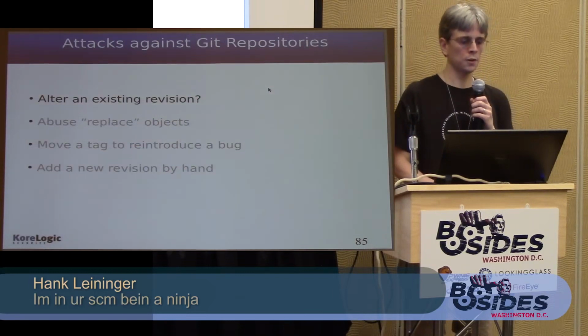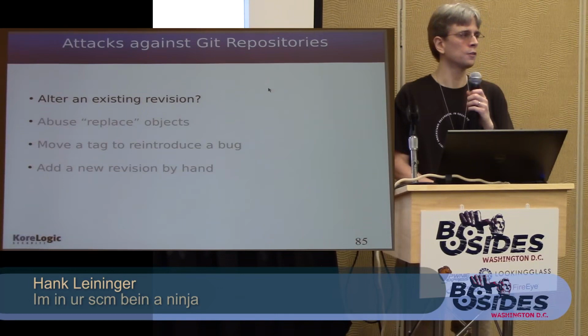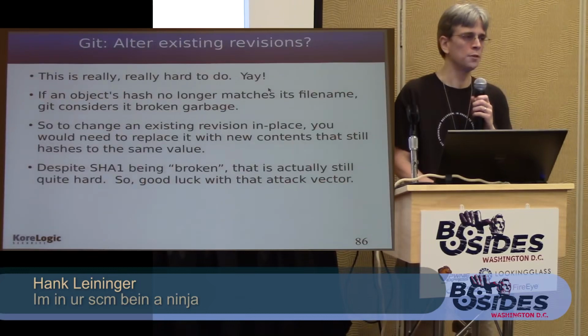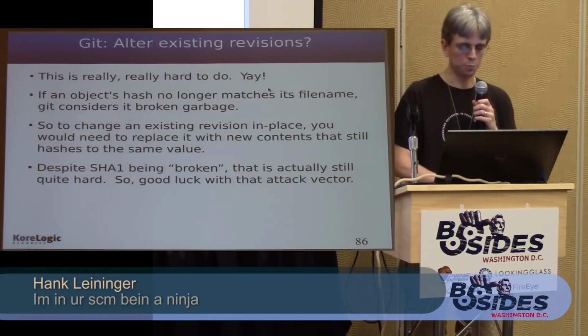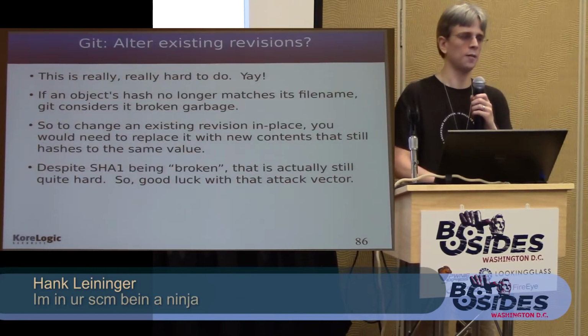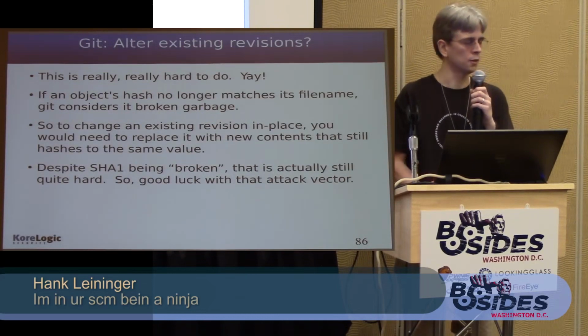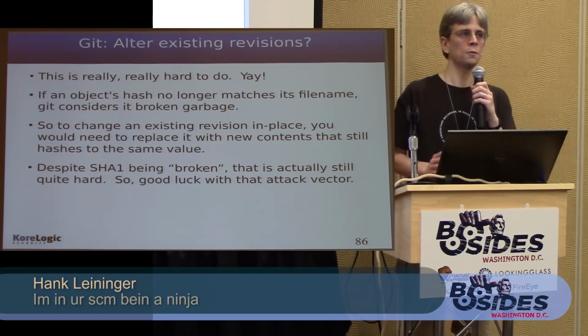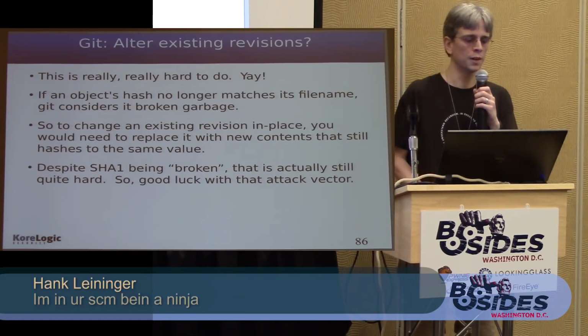So first question, since we had a lot of success in CVS and Subversion, can we rewrite an existing Git object, just scribble on it on disk and then have interesting things happen? Basically, no. Because the objects are named after the checksum of their contents, changing the contents of an existing object without changing its name, for the most part, requires breaking SHA-1.